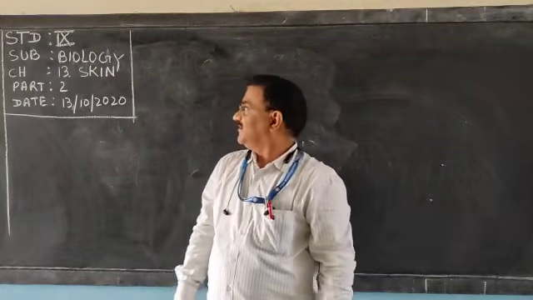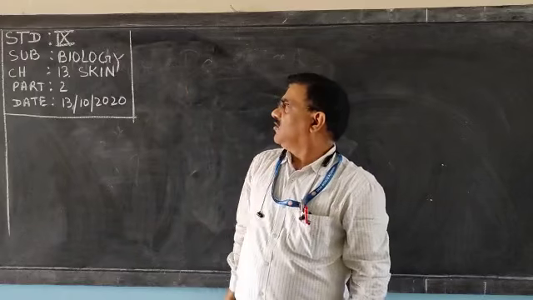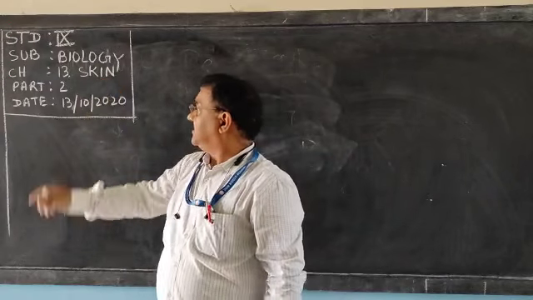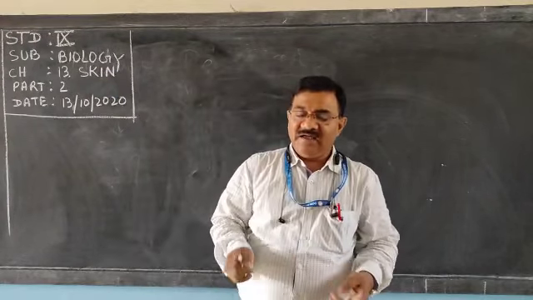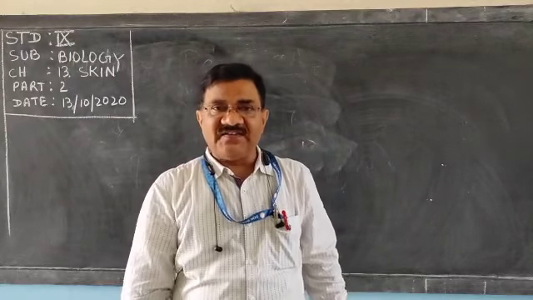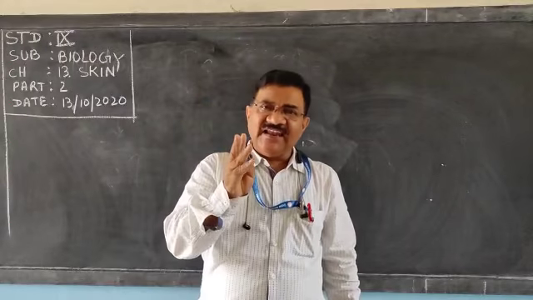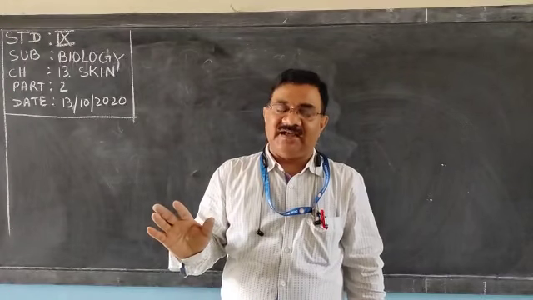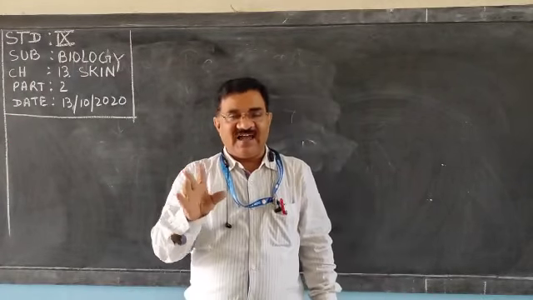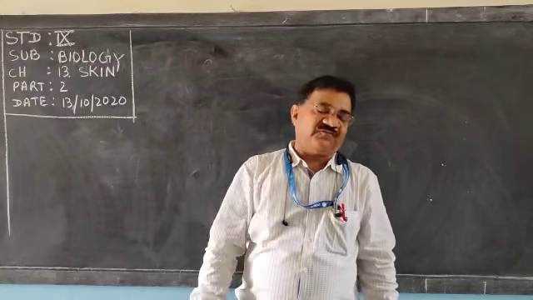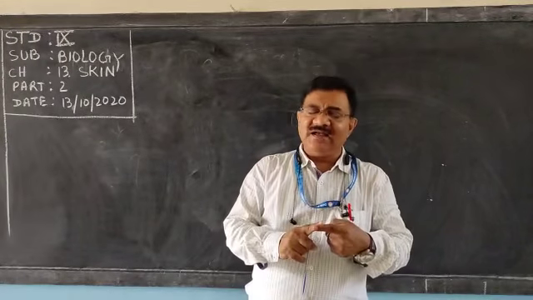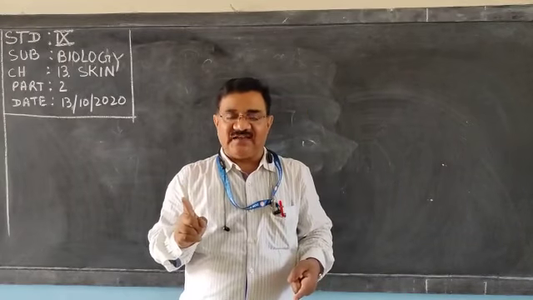Standard 9, your Arun sir, going to teach biology, chapter 13, skin. In the previous video, we discussed the skin proper in detail. We discussed that there are two components of skin: skin proper and derivatives of skin.